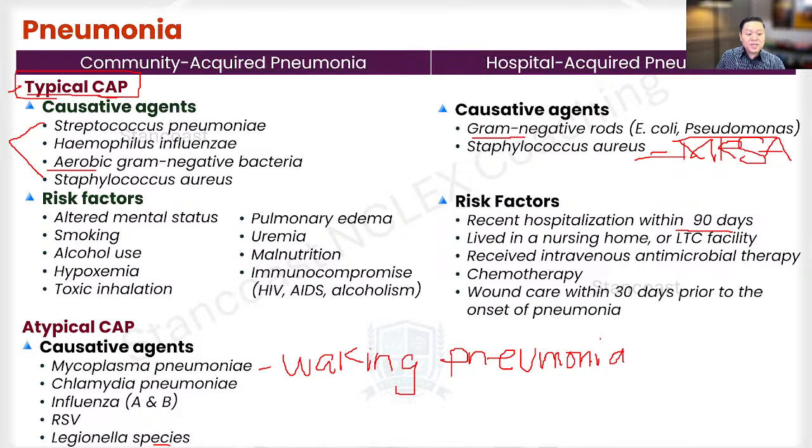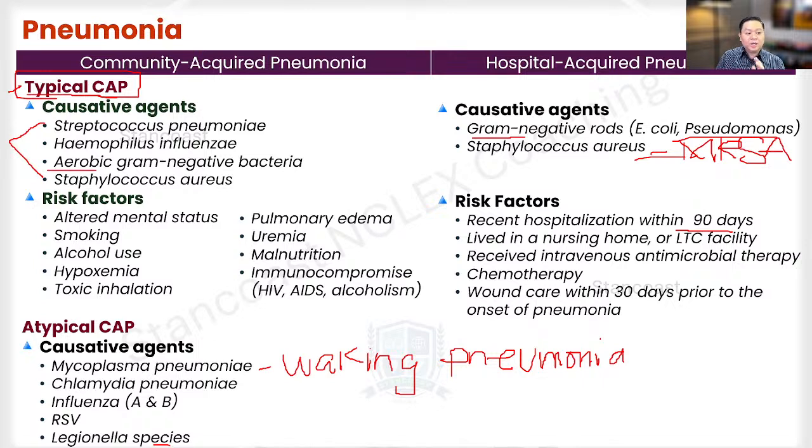And for those patients that may have had some kind of wound care within the last 30 days prior to the onset of the pneumonia, or let's say they might have had some invasive procedures, maybe some open wounds, this will really increase their risk of infection. All right.